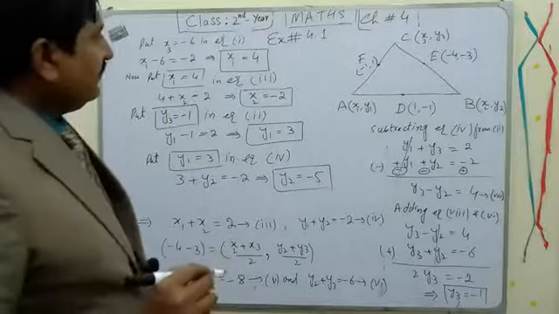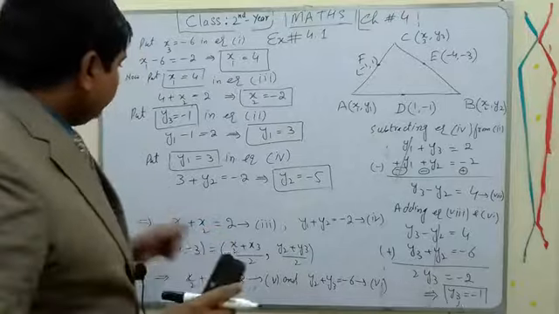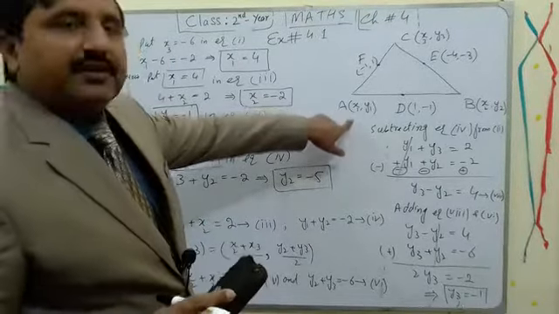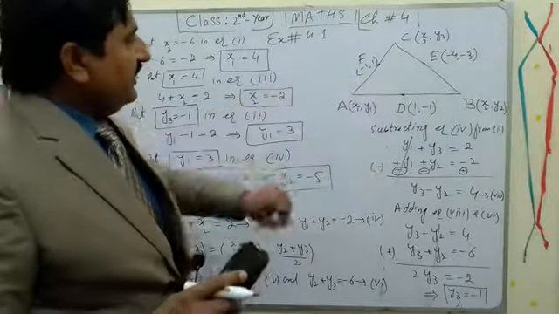So now we have found all the coordinates of x and all the coordinates of y. After that we finally discover all the vertices of the triangle.